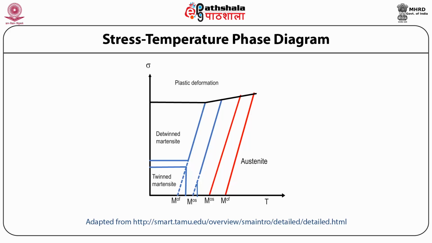Since the Martensite interacts with the stress field, application of stress is bound to have an influence on the characteristic temperature of Martensitic transformation.